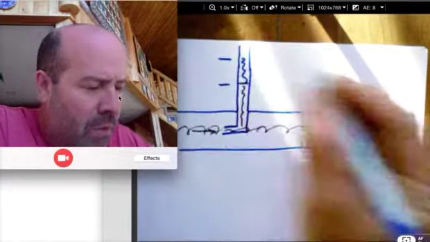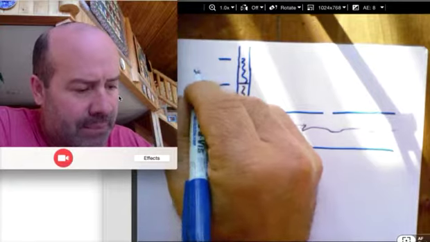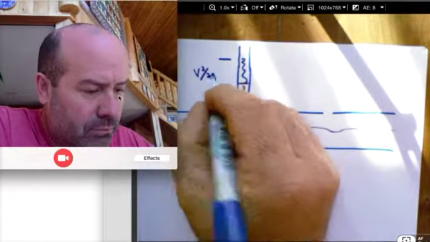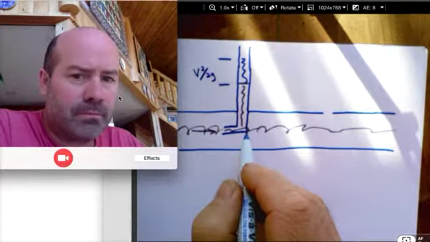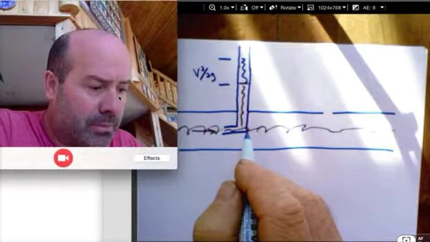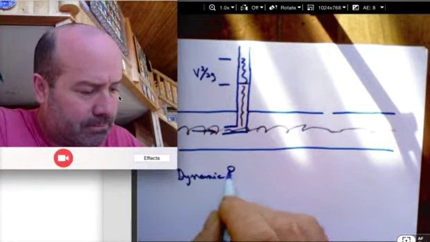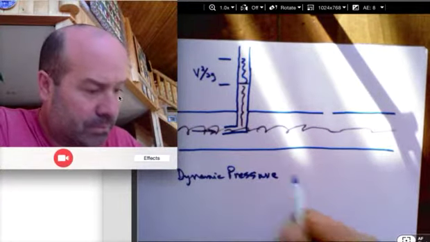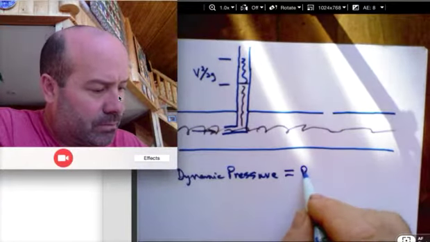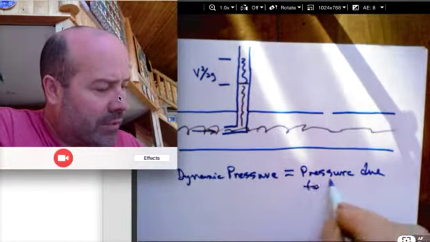And it would go up an amount due to the velocity head of the water. We call that the dynamic pressure. Dynamic pressure. Pressure due to the velocity of the fluid.